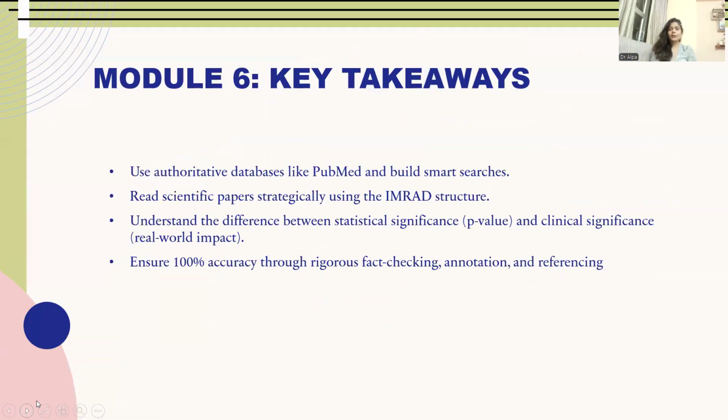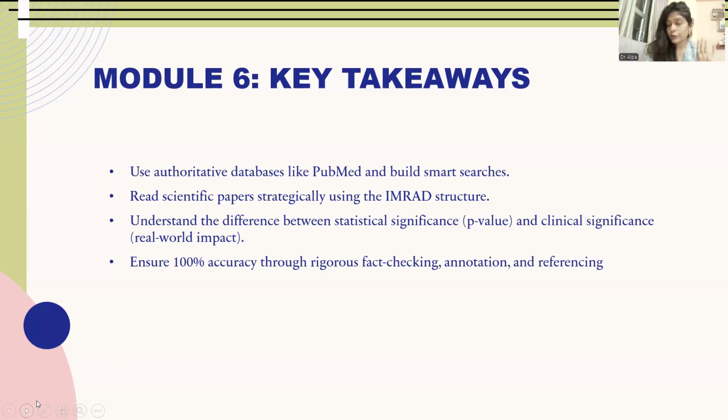So with this, we come to the end of the module. Three, four key takeaways. First thing, please rely on authentic, authoritative databases such as PubMed and Cochrane Review. Search smartly using Boolean operators and MeSH terms. Develop a particular smart sequence of reading and interpreting a scientific paper.